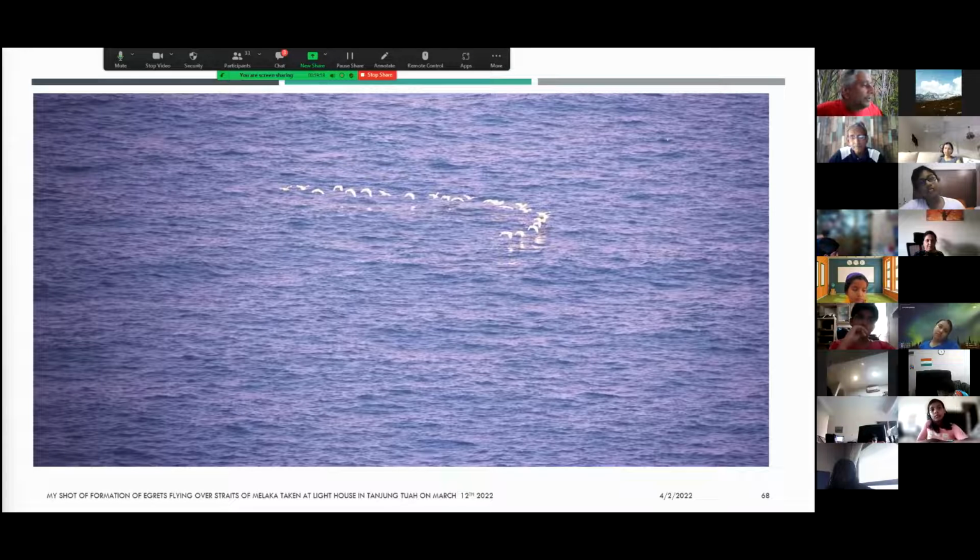So that was the picture of the same sea, the same thing, but with some birds that fly into that space. The picture becomes an interesting picture for us to take and tell a story. So a unique formation of egrets on a flight path across the Straits of Malacca is a much better picture than the one I just showed you.